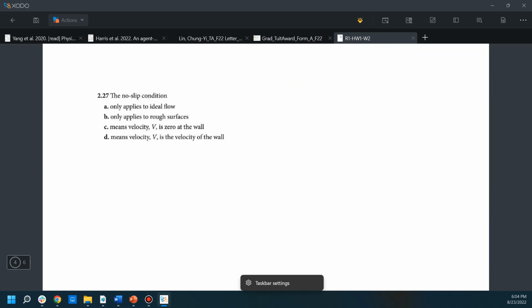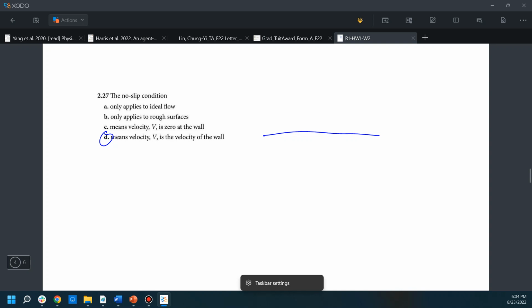Problem 2.27 is a definition question. So the non-slip condition means the velocity v is the velocity of the wall. You should have learned this in the class or from the textbook.